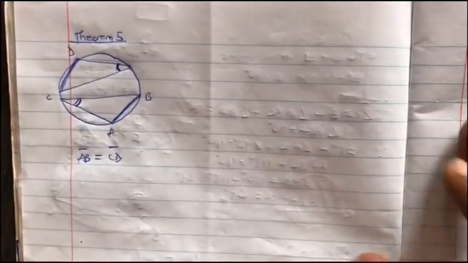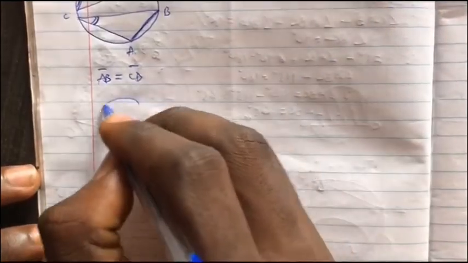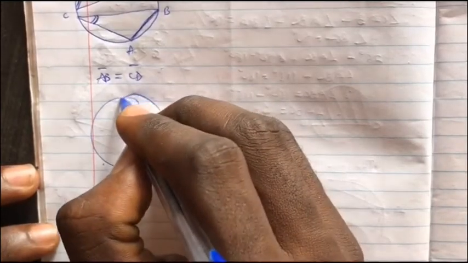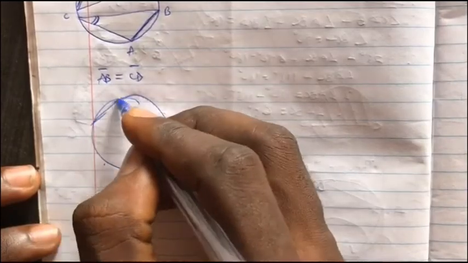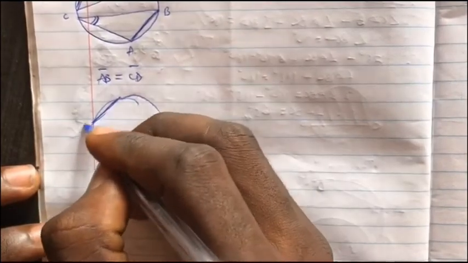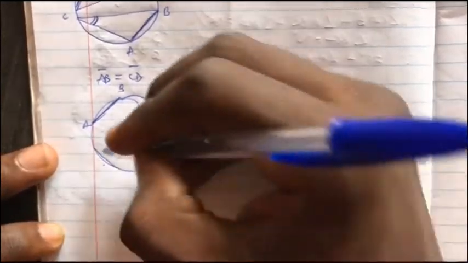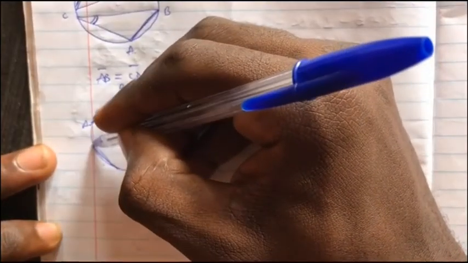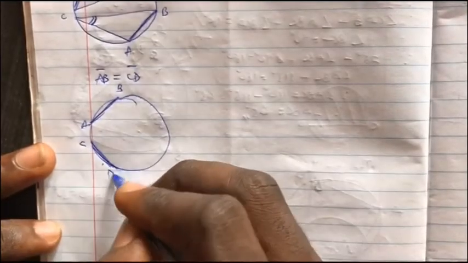I can illustrate that differently. Say you have a circle; the chords can be on the same side or on different sides. So we have chord AB here, and we have chord CD. This is not drawn to scale, okay?